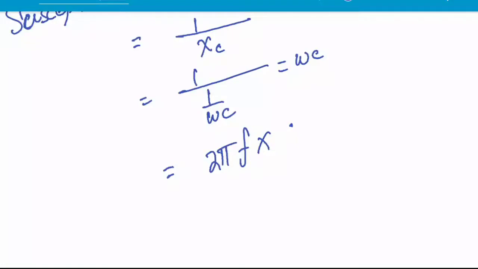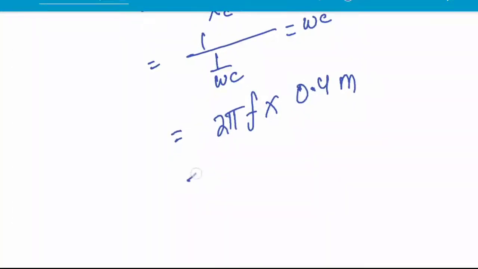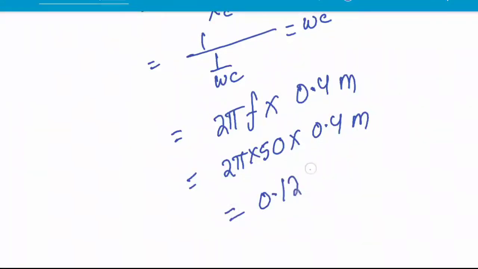Capacitance is given to be 0.4 microfarad, so 2 pi into 50 into 0.4 microfarad, and this is coming to be 0.126 ohm inverse or Siemens.